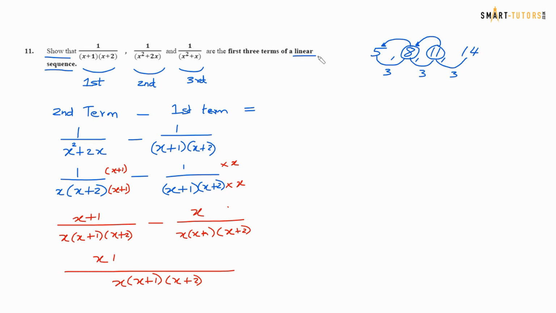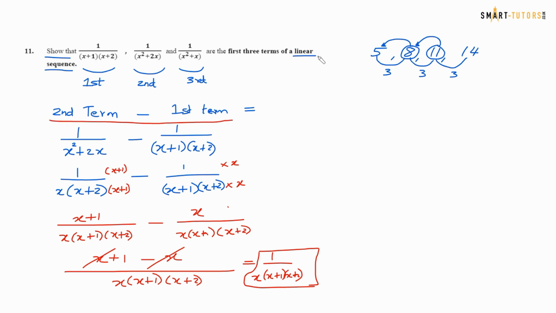So x plus 1 minus x, the x's cancel, giving 1 over x(x plus 1)(x plus 2). This is the answer for the difference between the second term and the first term.